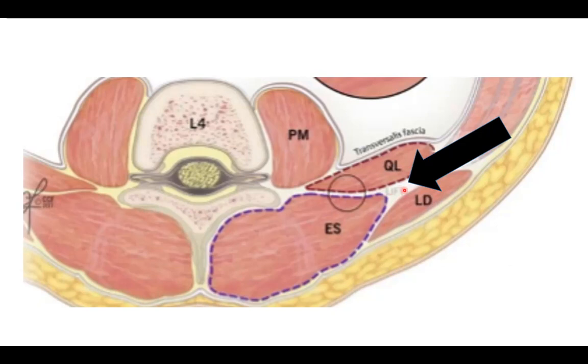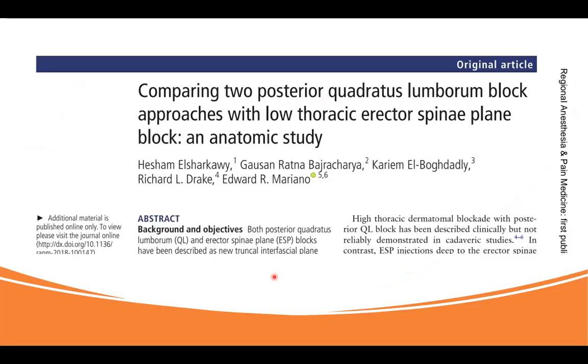If we deposit the local anesthetic in this area, it can lead to some sort of short circuit of the whole abdomen, and it produces dense analgesia over the whole abdomen. So if we are doing a bilateral QL2 or posterior QL block, then it produces dense analgesia all over the abdomen. And this is a similar clinical experience in our institution also.